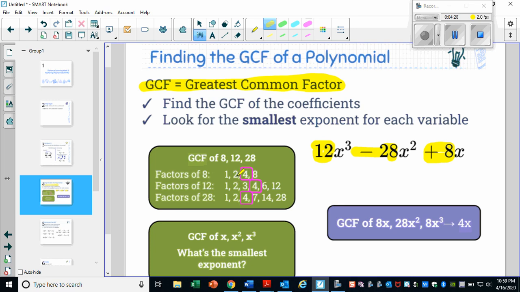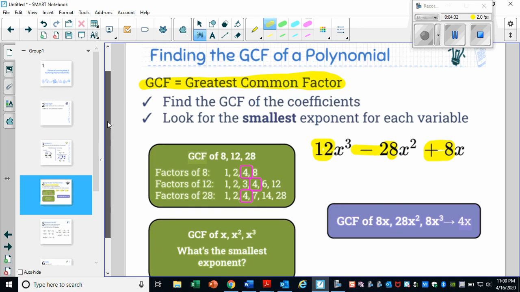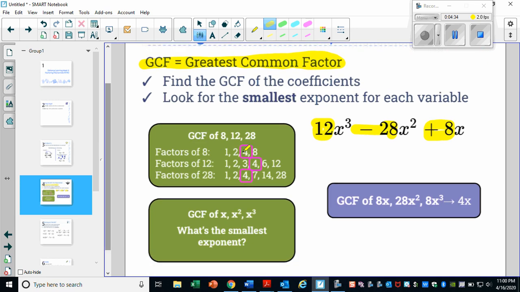So we gave you a list of factors for 8: 1 times 8, 2 times 4. And factors of 12: 1 times 12, 2 times 6, 3 times 4. We try to place them in numerical order from least to greatest.